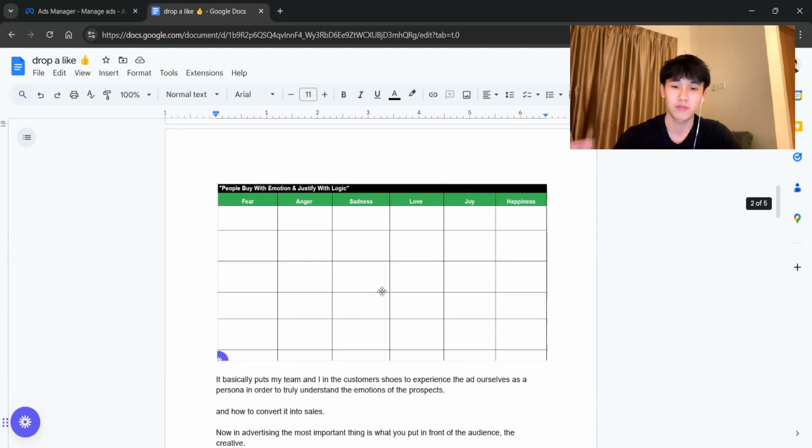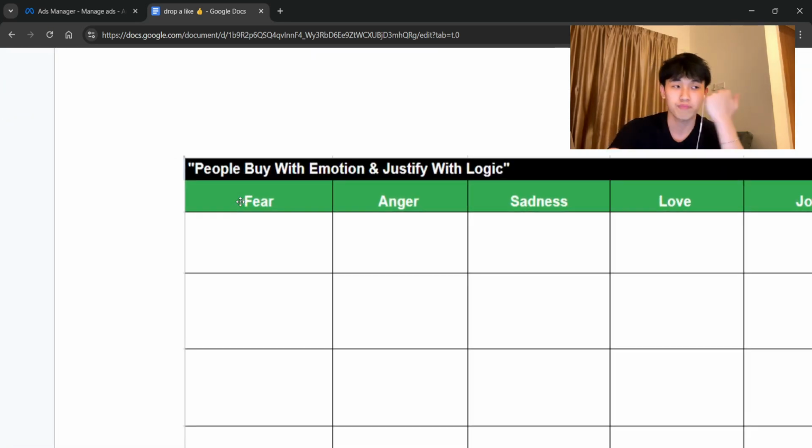This would be the prime example for us. Fear, the first part of the spreadsheet here. Fear could be along the lines of something like, if you're 60 years old and you have back pain, you might be afraid that it might become a permanent problem for you if you don't resolve that back pain.